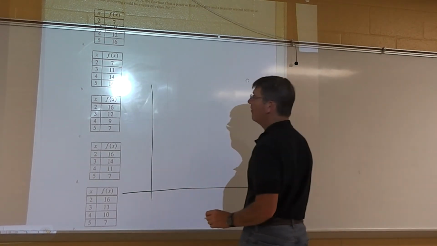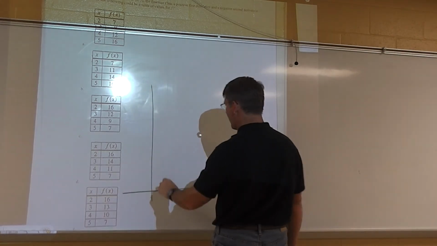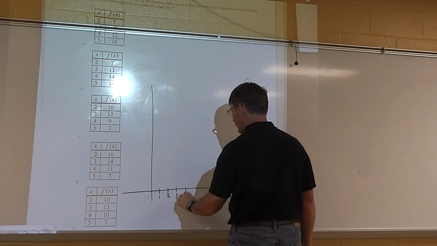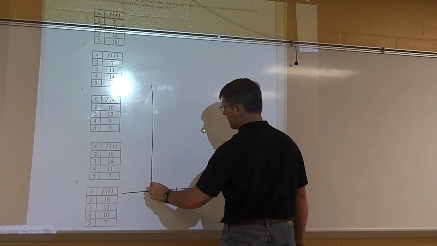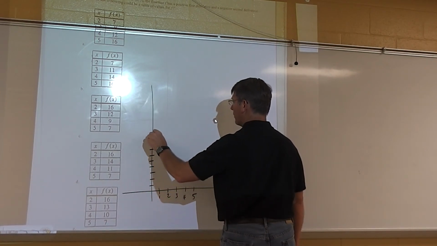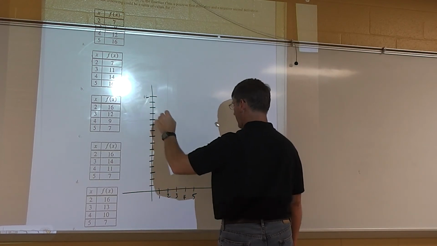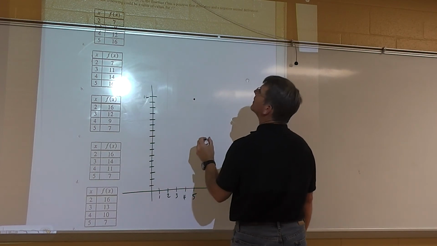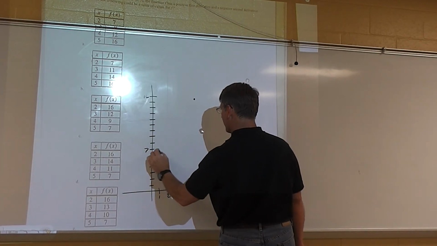I'll graph A here, and I'm going to go, was it 2 to 3 to 4 to 5? So 1, 2, 3, 4, 5, and well, might as well go 1 to 16. There's 16. At 5, I'm at 16. At 2, I'm at 7. 1, 2, 3, 4, 5, 6, 7.